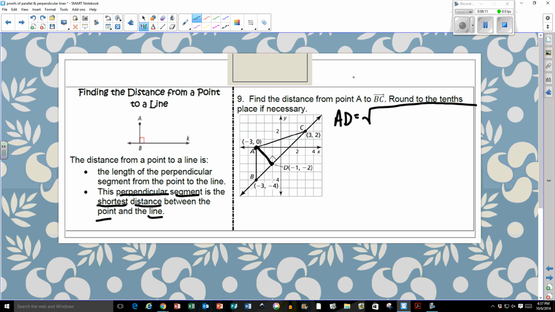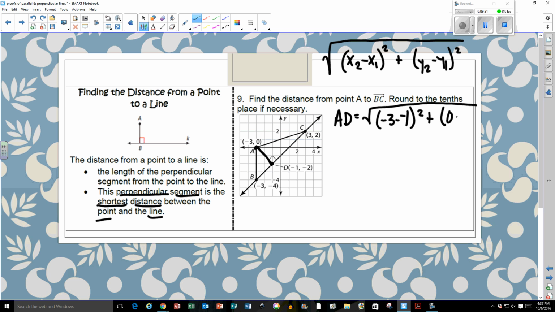So distance, remember we're using the distance formula, so x2 minus x1 squared, plus y2 minus y1 squared, and then of course we take the square root of all of that. So I'm going to go up here and I'm going to go -3 minus -1 squared plus 0 minus -2 squared. So this becomes positive.